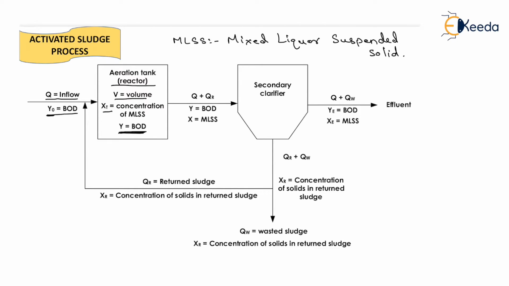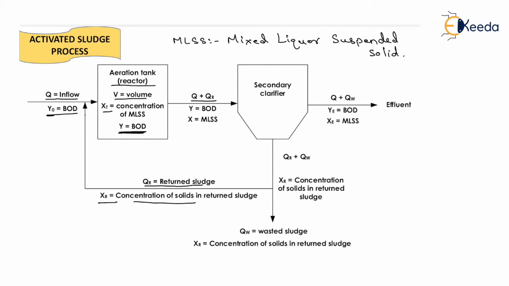So the returned sludge will be QR, which we need to provide here, and it will contain a concentration of solids as XR. So the total amount of water supplied to the aeration tank is Q plus QR, and the amount of water coming out from the aeration tank is also Q plus QR. In this return sludge there will be decomposed organic matter and the charged microorganisms.